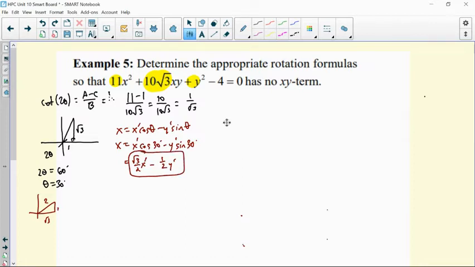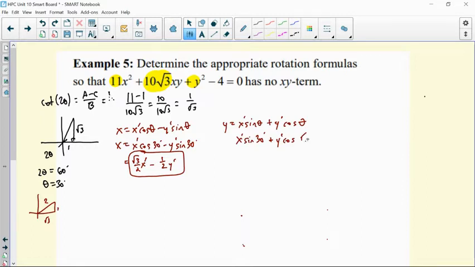And then for the y value, remember, it's y equals x prime sine of theta plus y prime cosine of theta. And again, I see the sum and difference formulas in this particular equation. So that's what helps me remember, the cosine sine or sine cosine. And then we do x prime sine of 30 degrees plus y prime cosine of 30 degrees.